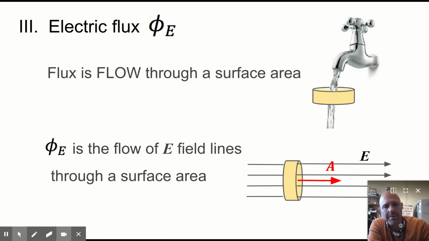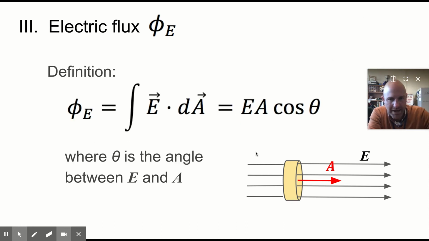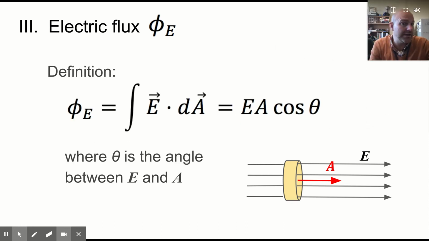And so what we do to define flux is we talk about the electric field lines, and we say how many electric field lines are going through a given area. And that's what we mean by flux. Now, this could be water, it could be air, right? If you think of an air vent, air coming through it. We define electric flux in this way, as the integral of E dot dA.